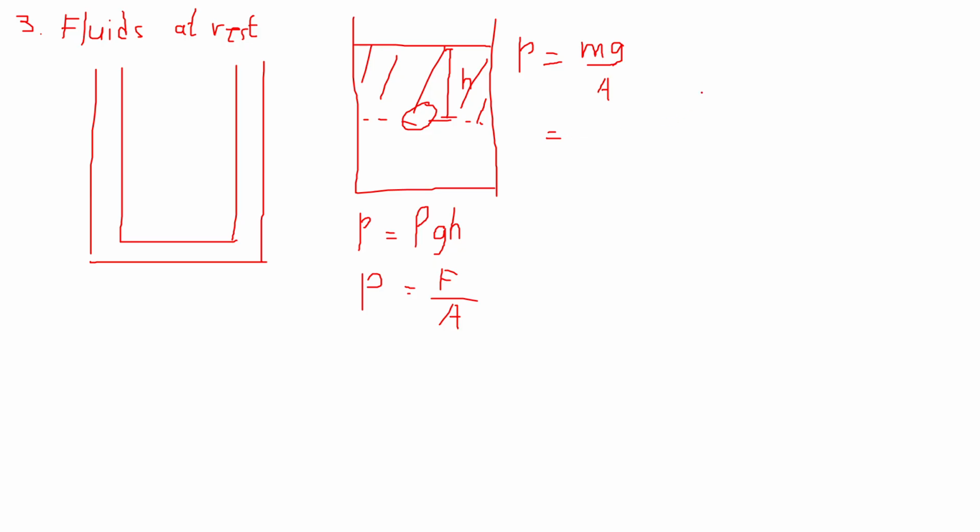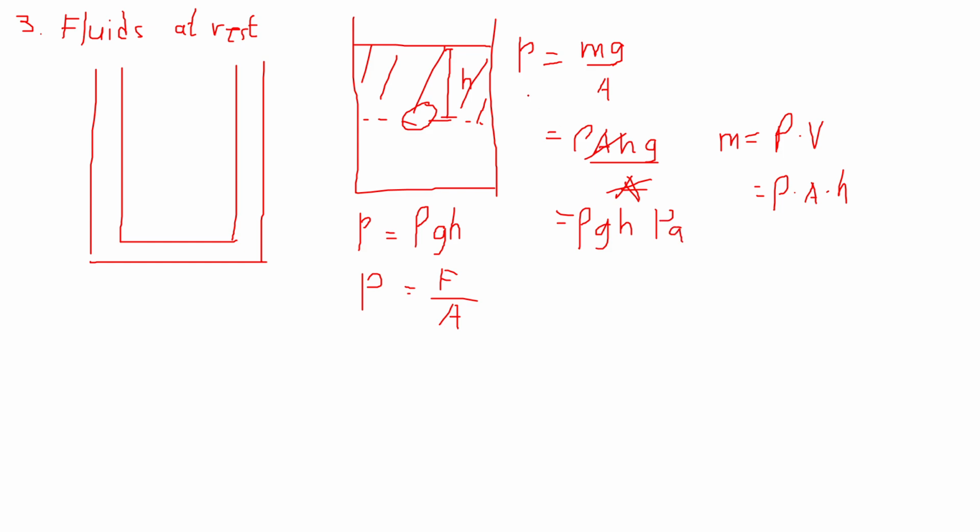Now, with the density equation, we know that mass is equal to the density multiplied by the volume, and the volume is equal to the area multiplied by the height. So we'll get rho A h multiplied by g divided by A. We can cross this out and we'll get rho g h, in pascals.